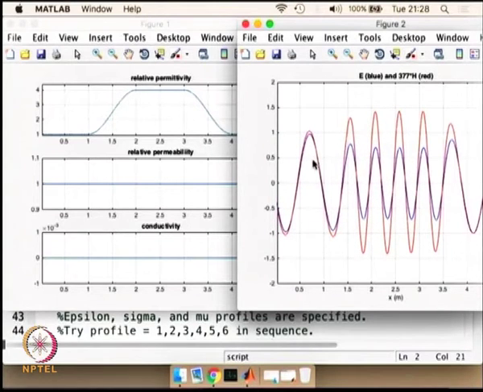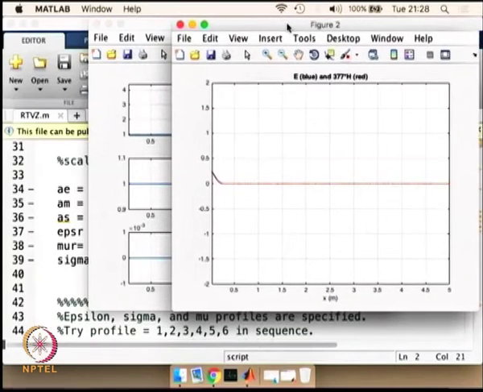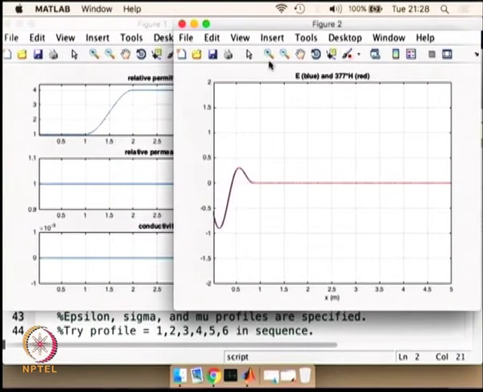So what we see is, let us simulate it again, we are going to plot both the E field and H field, and as you can see the wave is propagating.